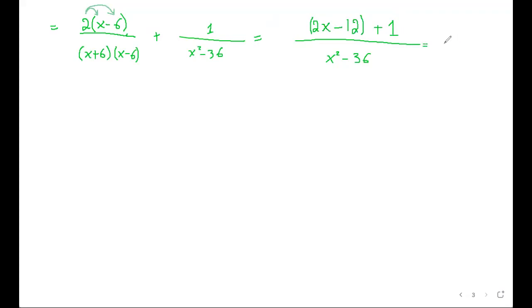What is that equal? 2x minus 12 plus 1. Minus 12 plus 1 is minus 11, so 2x minus 11. And here I have x squared minus 36. So this is my final answer.